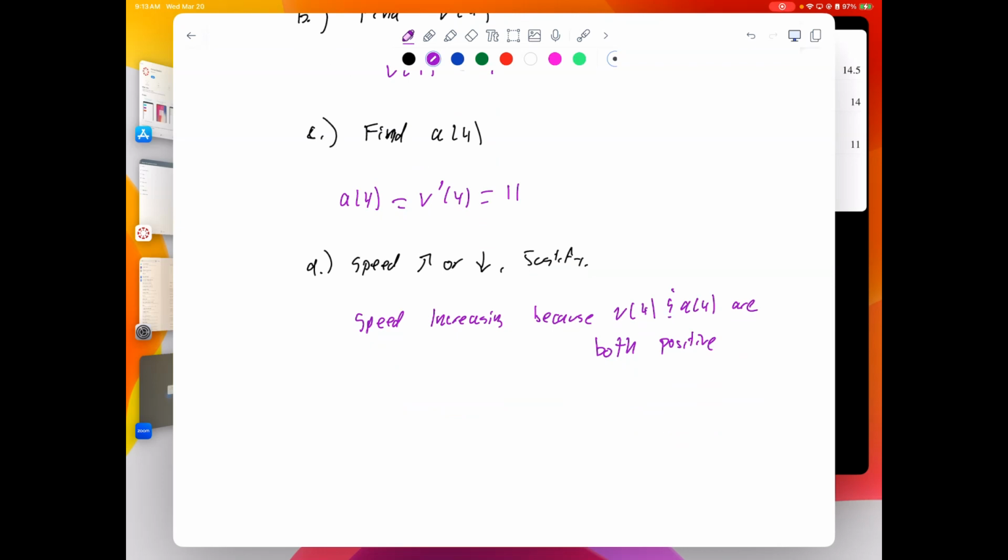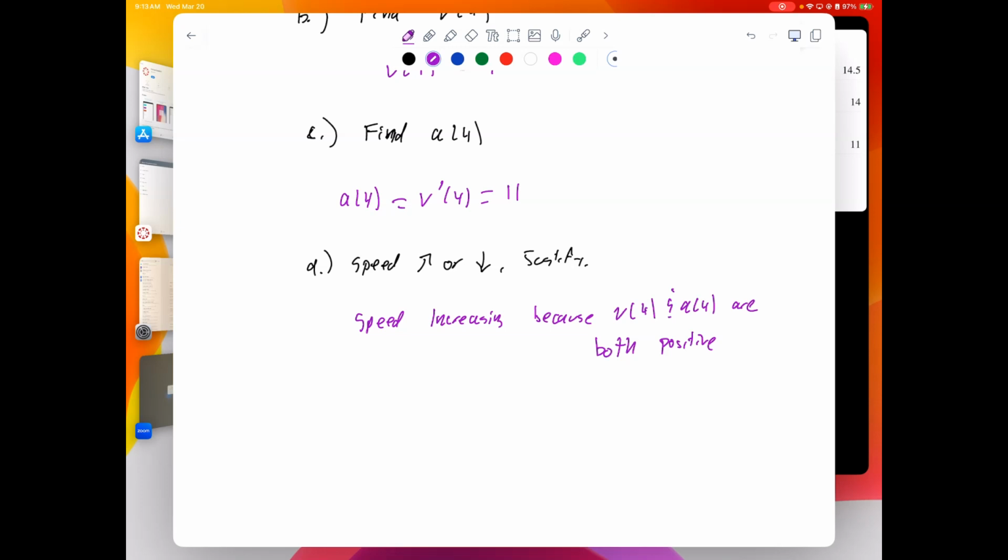Let me just see. There might be one other type of problem. I just want to make sure the notation is the same so that you can do your homework. Is it 12 point?